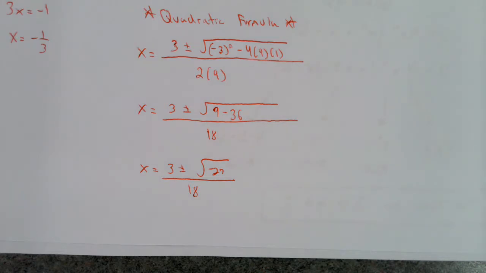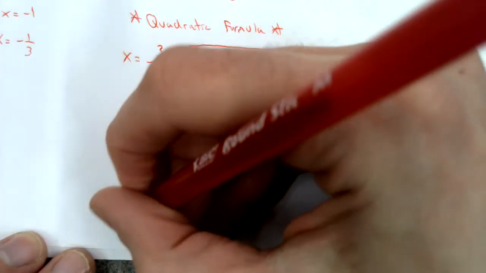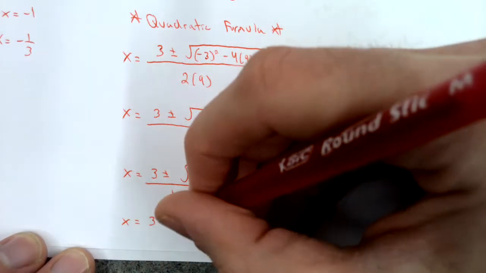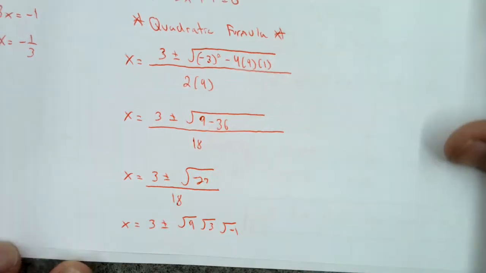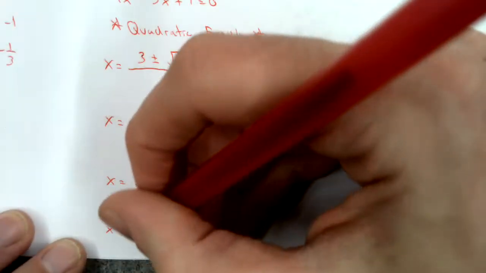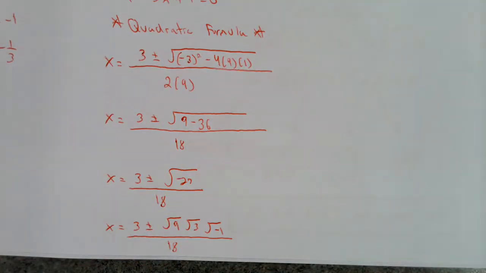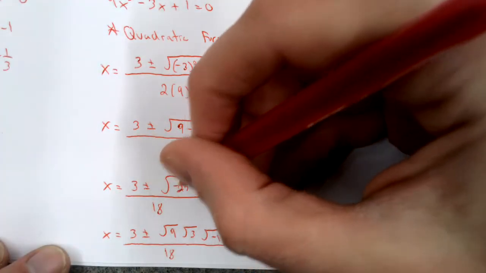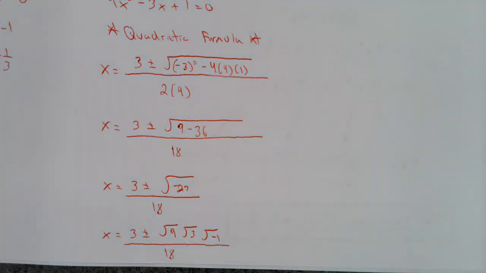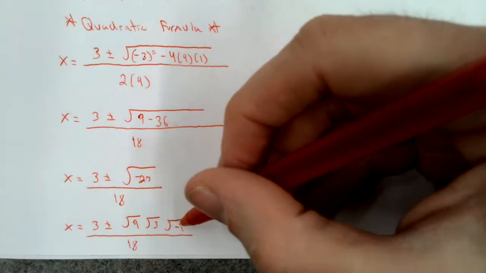Simplify the square root of negative 27 down to, should I do this? I'll do it down here. Square root of 9, square root of 3, square root of negative 1. You've done that a lot this year. Square root of 9 is 3. Square root of negative 1 is i.